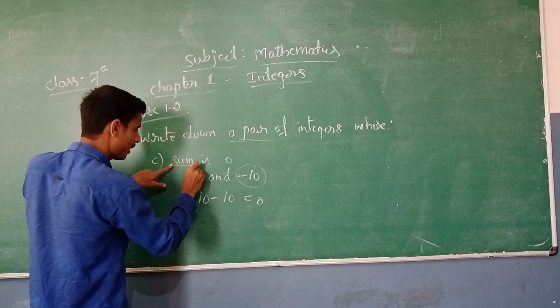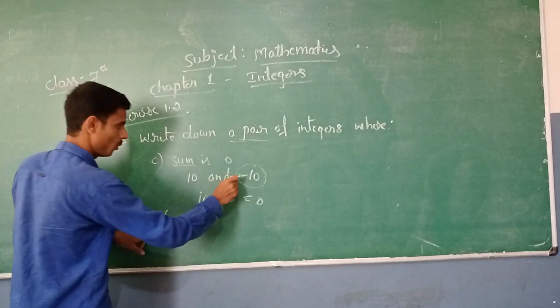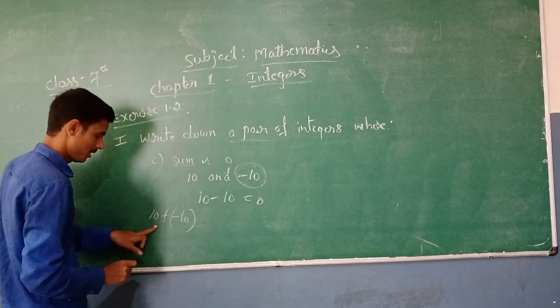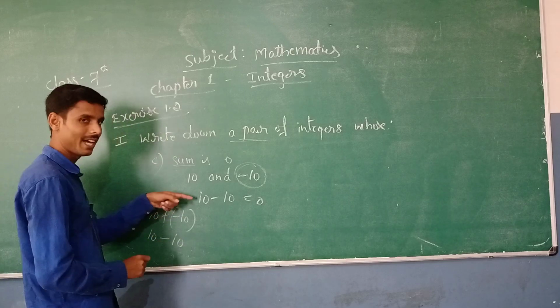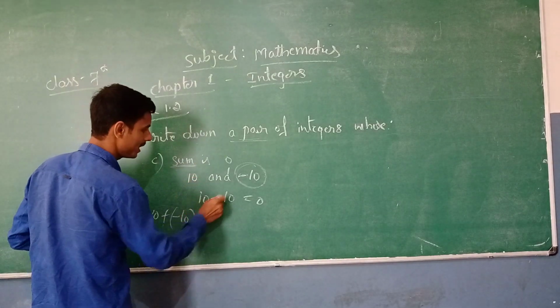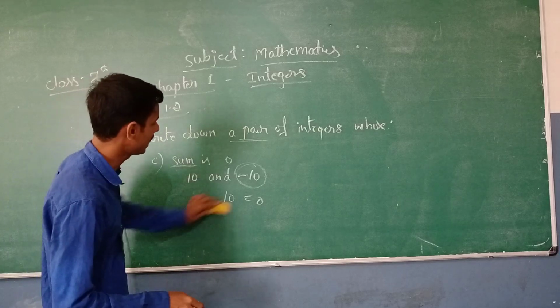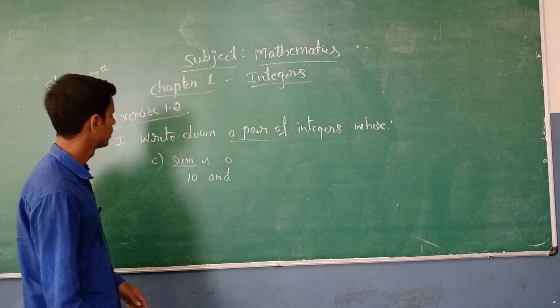So even though we write plus 10, plus meaning we are adding a negative integer, minus of 10. So this will again become 10, plus into minus is minus 10. Directly we are writing. So 10 minus 10 equals 0. We can write like this. We can write so many pairs of integers.